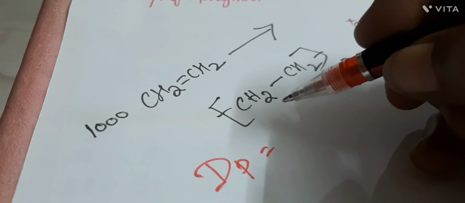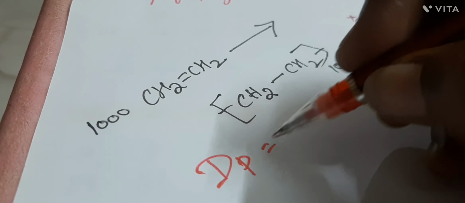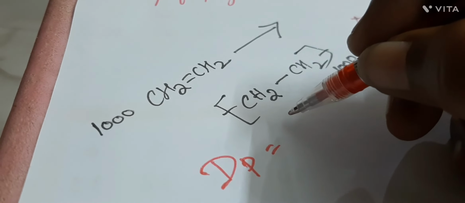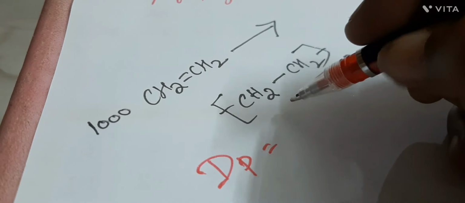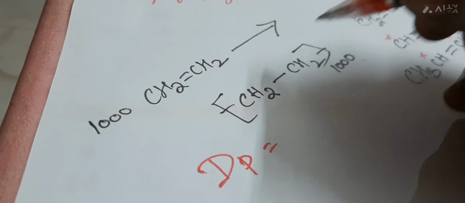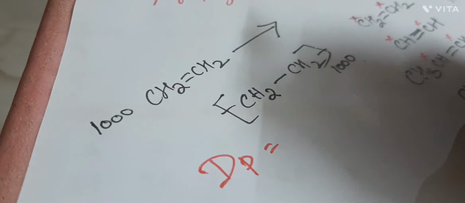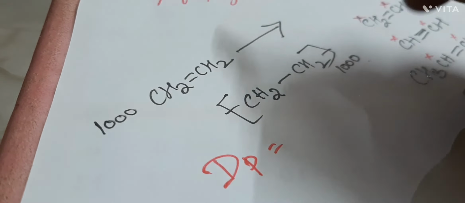There is a formula to find out the degree of polymerization. You can find it if you know the molecular weight of the polymer and the molecular weight of the monomer. Normally the molecular weight of the monomer you can easily find out.